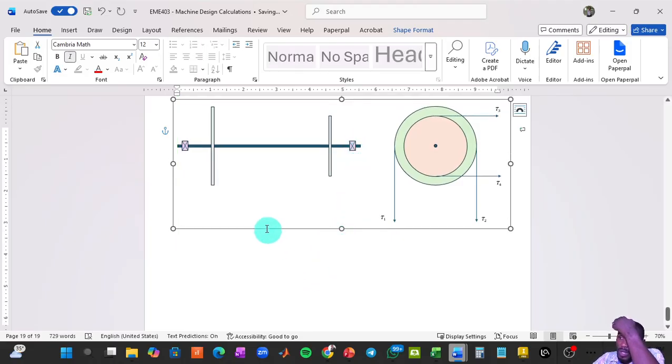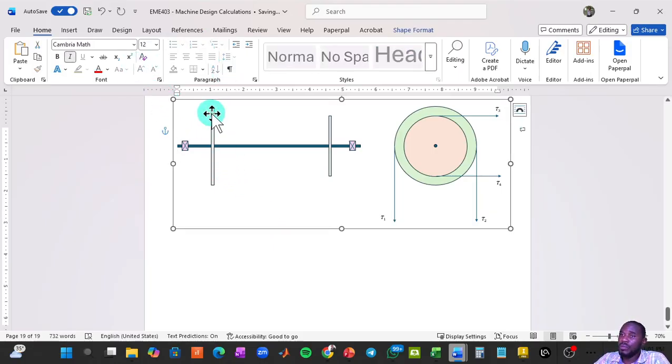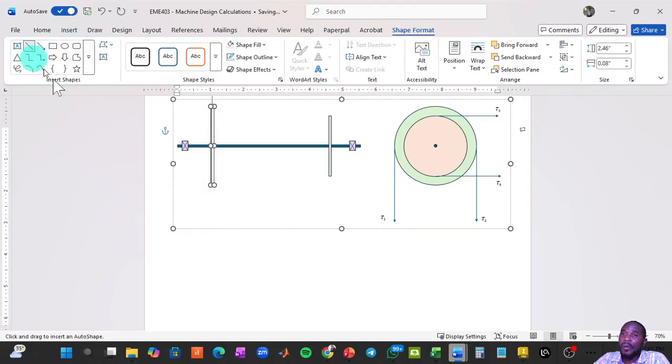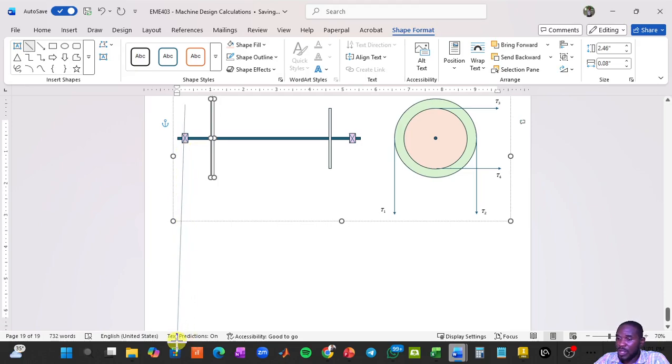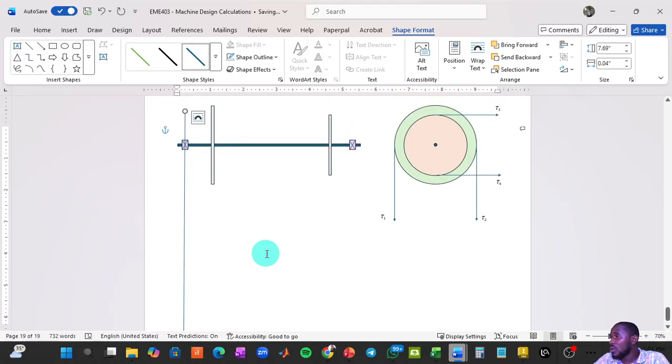Now I'm going to get more lines. We just need a vertical line that comes all the way down. This should be 0.